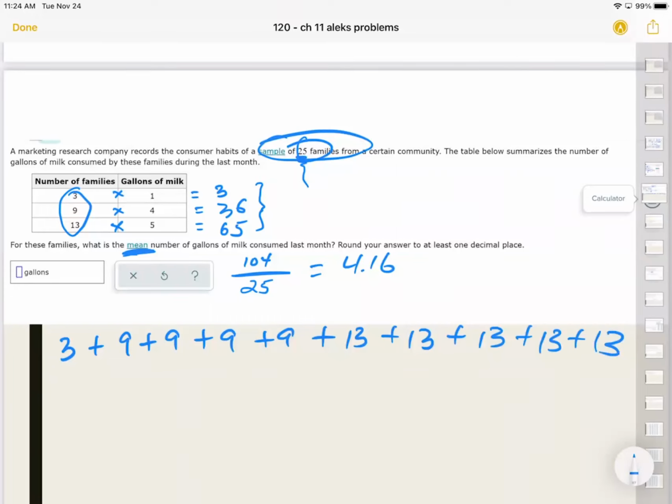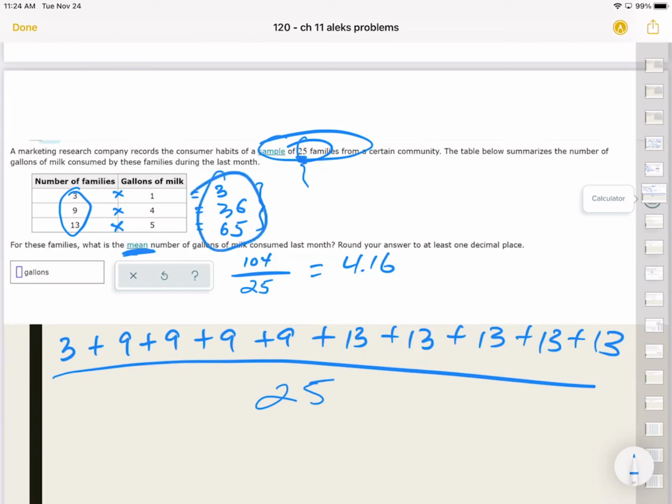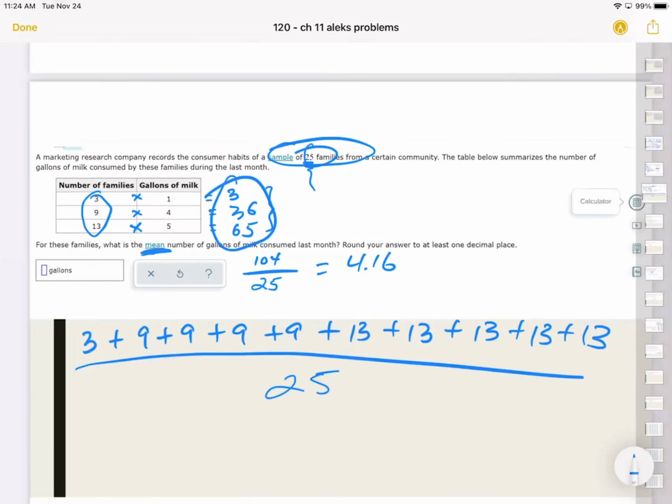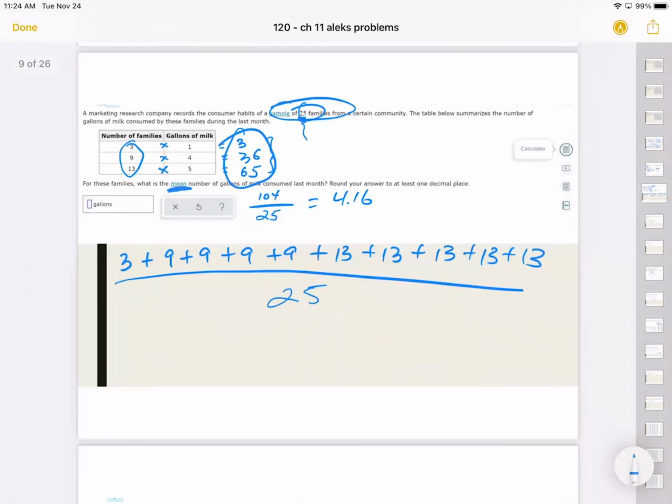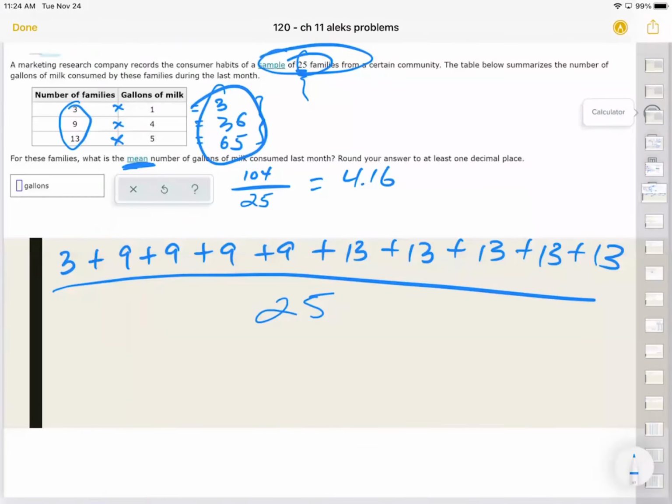You have 1 three, you have 4 nines, and you have 5 thirteens. If you add them up and divide by 25, you still get the same thing. It's just that instead of adding them up, multiplication is a shortcut. So that's why we multiply and then add them up. So it's the same. This one here, we can do it because it's only 25. But if they give you like 50 or 100, you don't want to add the individual data. Okay. So that's the only reason why we multiply.